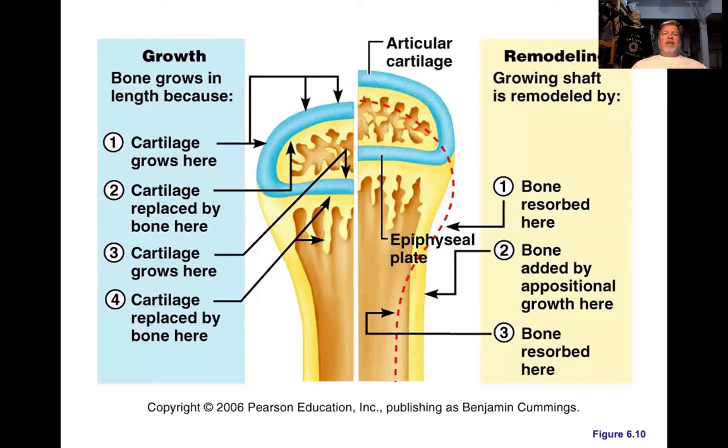This requires a diet rich in protein and vitamins C, D, and A. Of course, you need calcium and phosphorus, but you also need magnesium and manganese. So these are all essential for the mineralization of bone and getting bone to grow, to remodel, to change.